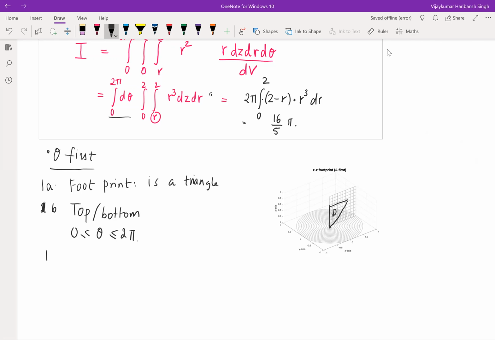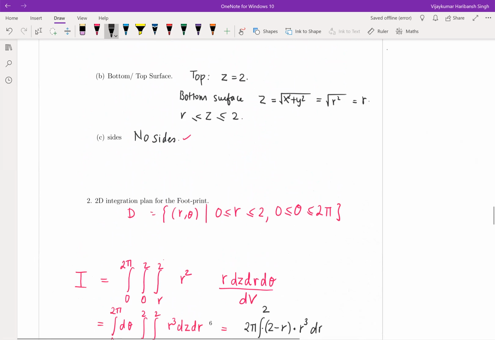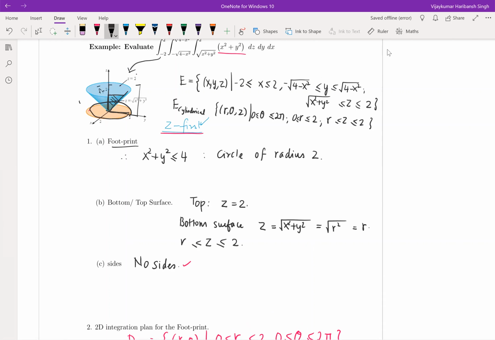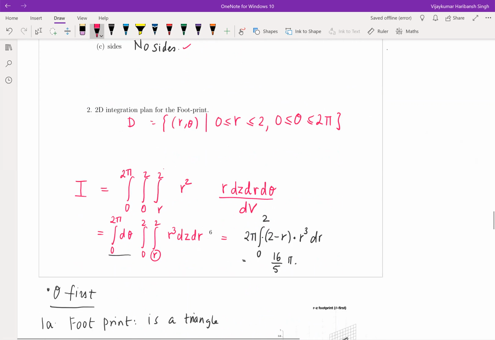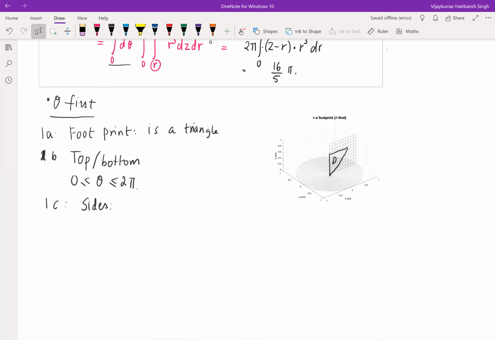Now, sides. What are the sides in this case? In the case of theta, the sides are z equals 2. Let me draw with a different color pen. So the sides are z equals 2 and z equals r. So we get two sides, two surfaces, z equals 2 and z equals 1 minus r.